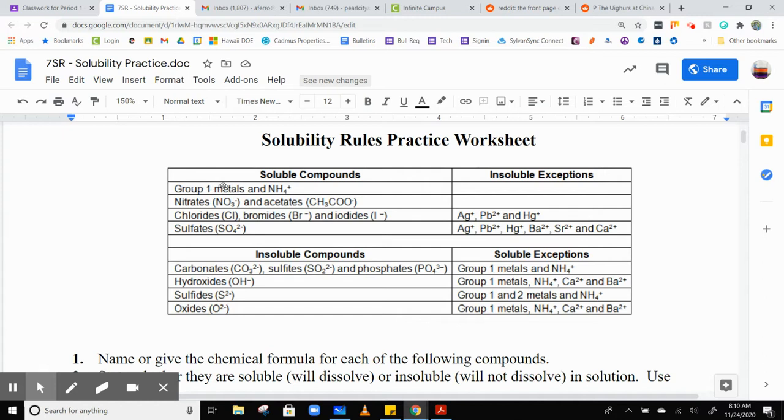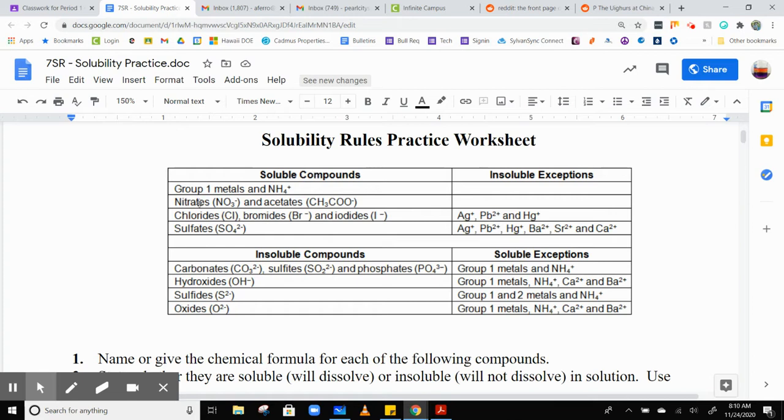So anything that has an alkali metal or NH4 plus, the ammonium cation, the polyatomic ion ammonium. If you see any compound with either a group 1 metal or NH4 plus, you know it is soluble. There are no exceptions to that rule. It's soluble no matter what.